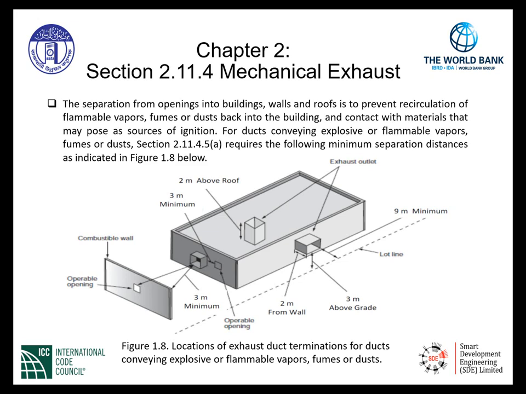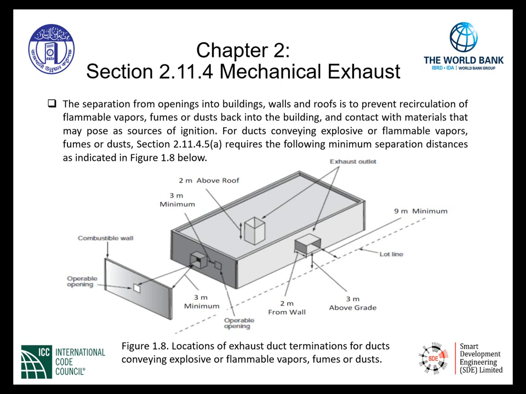If we look at this particular building, it gives us the locations where our exhaust duct terminations must be at a minimum. Above the roof, we need to be at least 2 meters above the roof for our exhaust duct termination. From the side of the building, we need to be at least 9 meters away from the lot line. We need to be 3 meters above grade and 2 meters away from the wall.